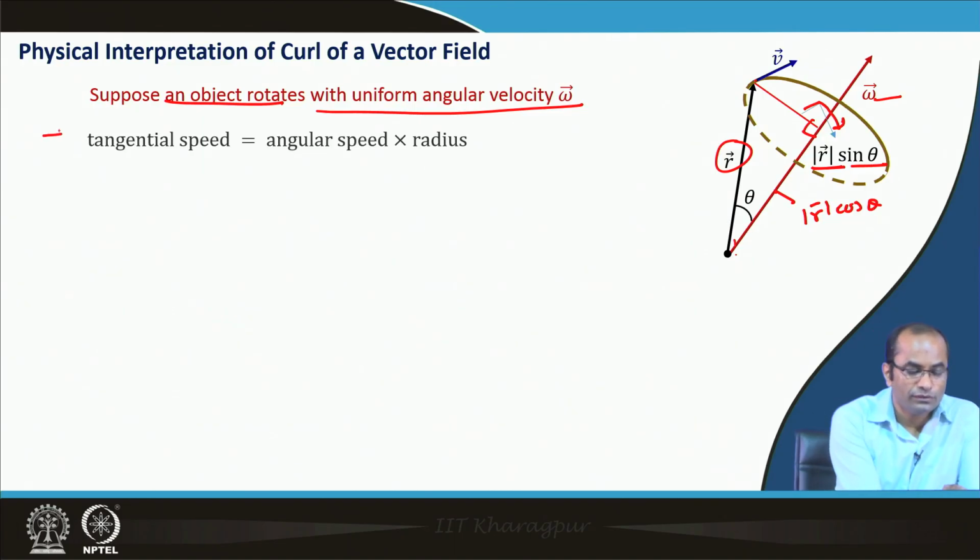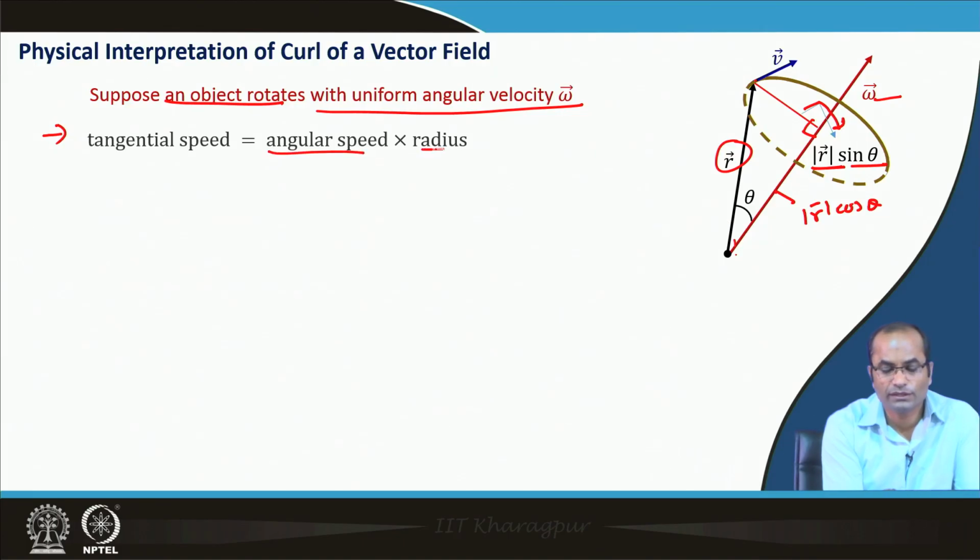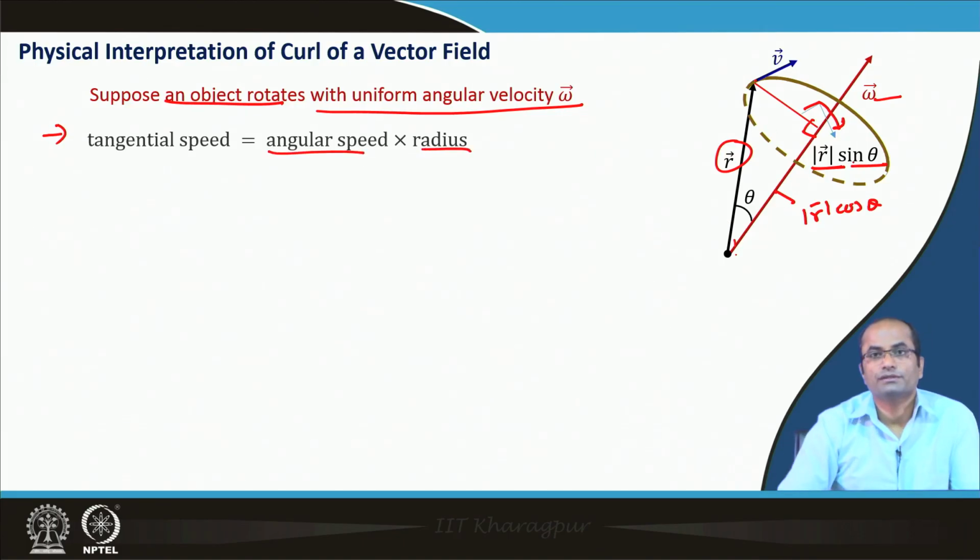And we know the relation that the tangential velocity, rather to say the speed v, is the angular speed times this radius, which we have just seen, that is the magnitude of r sin theta.